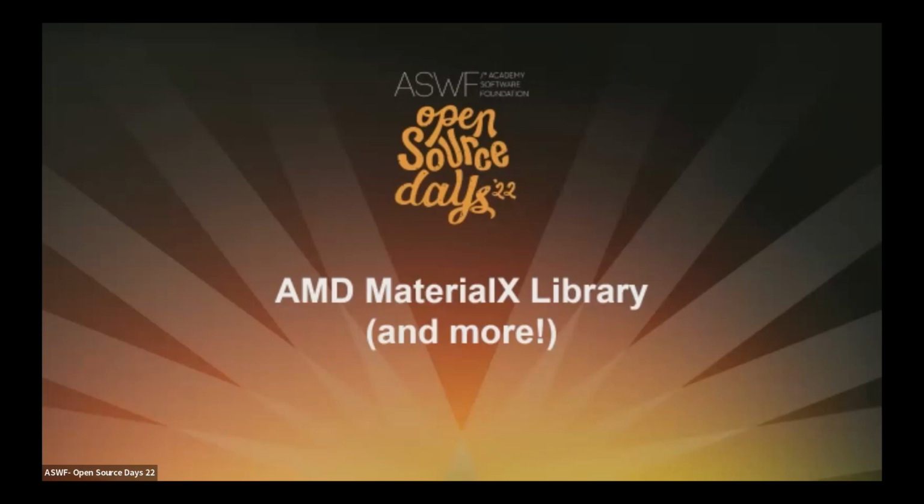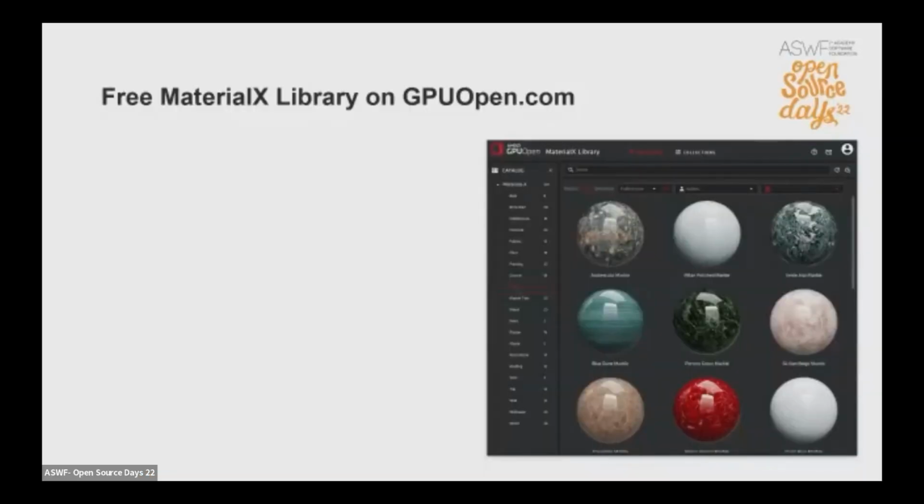I work for AMD on the advanced rendering group. We've been working with the MaterialX group for quite a while, and I'm going to cover our material library that we published for MaterialX and a couple other things. At AMD, we're obviously a hardware vendor, but we're really focused on these open source technologies that allow usage between different hardware vendors and software.